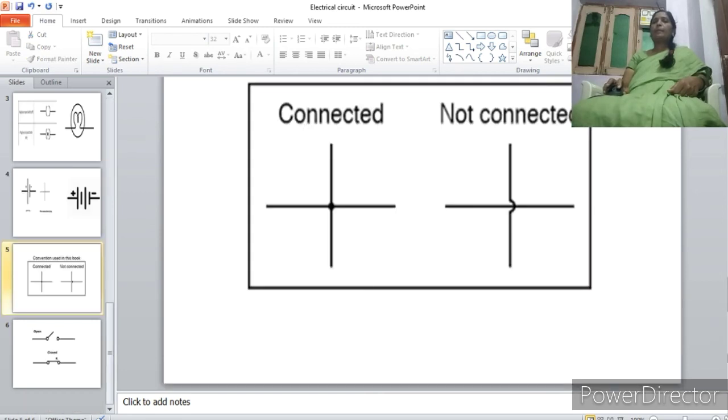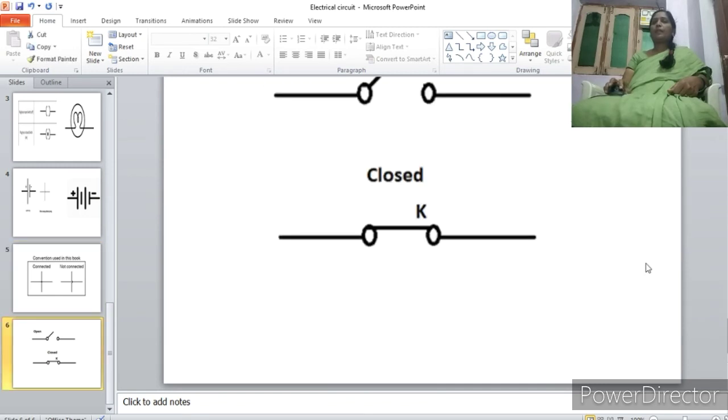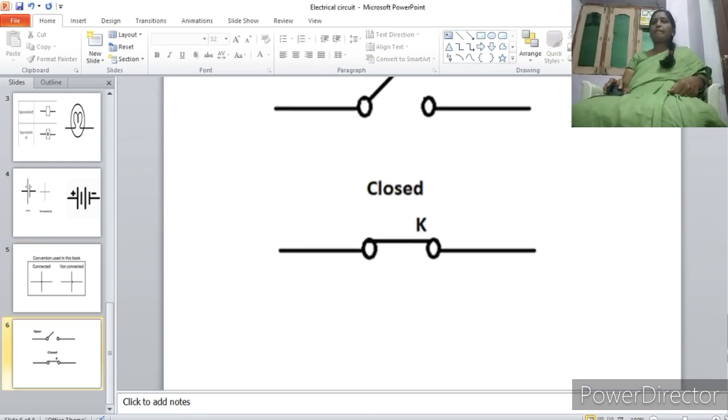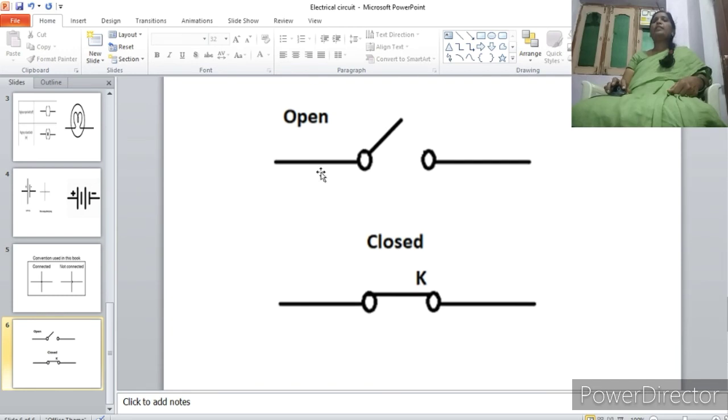And this is the symbol for open and this is the symbol for closed. Open means whenever the switch is open, that means the circuit is not completed.